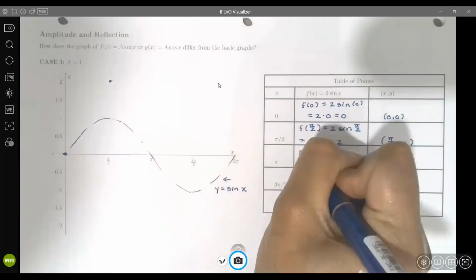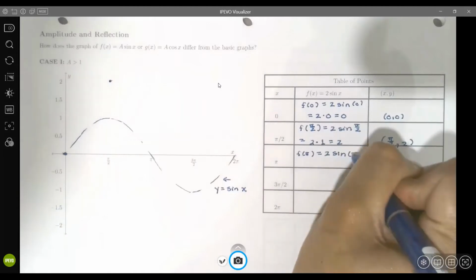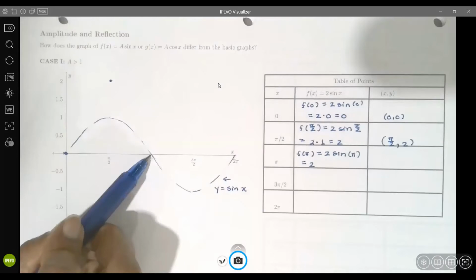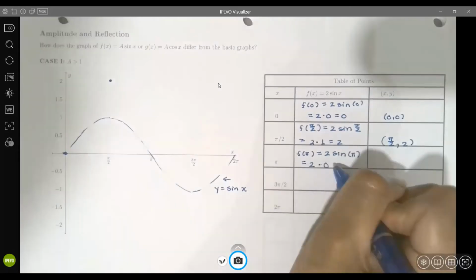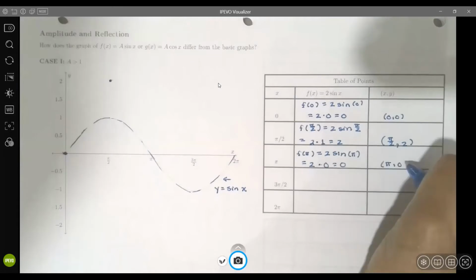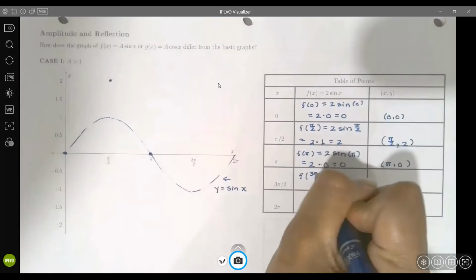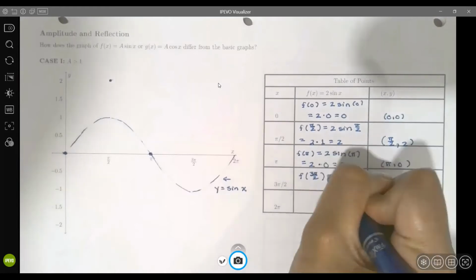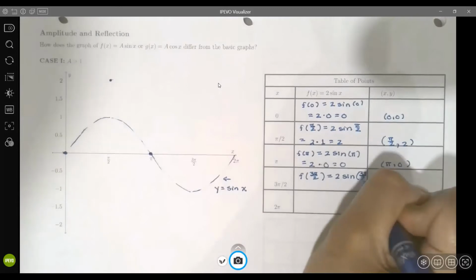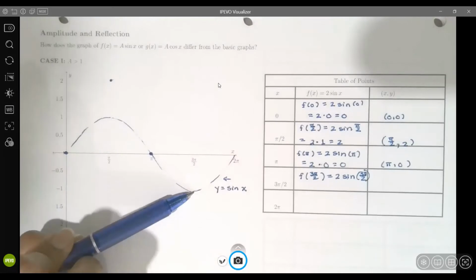And repeat the process with pi. 2 times sine of pi, and sine of pi here is 0, so it's 2 times 0. That means that we have the point pi comma 0, which is this point. Then at 3 pi over 2, we're going to have 2 times sine of 3 pi over 2. And sine of 3 pi over 2, so here it is, sine of that is negative 1, right?